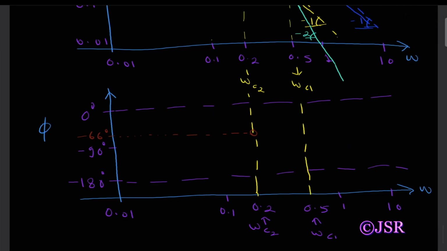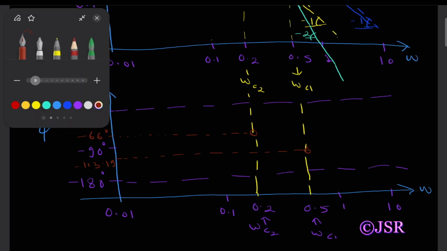Similarly, when omega is equal to 0.5, we have phi equal to -130.19. So this is at this point. So let's extend this up to omega equal to 0.5. So this is this one.